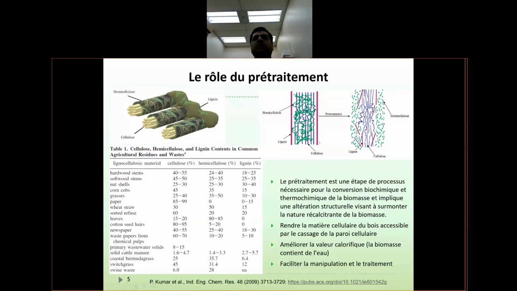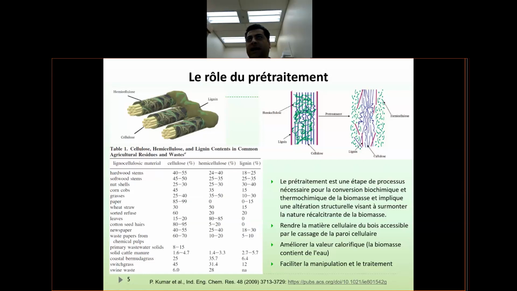So what we are going to do in pretreatment, in fact, is destroy this wall and get into biomass as depicted by this picture here. By a good pretreatment, you are disrupting the original structure or orientation between hemicellulose, cellulose, and lignin so that you have access to these polymers.